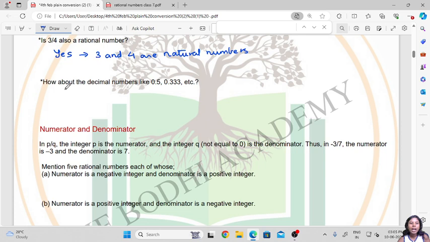Now, how about decimal numbers like 0.5, 0.33, etc.? When we talk about decimal numbers, we know that decimal numbers are derived from fractions or rational numbers.